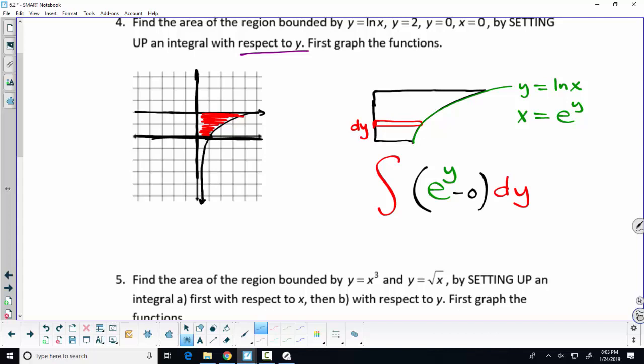Remember the bounds also in terms of y. So the lower bound to the upper bound this way. Our lower bound is given to us, y equals 0. And the upper bound is also given to us as y equals 2.